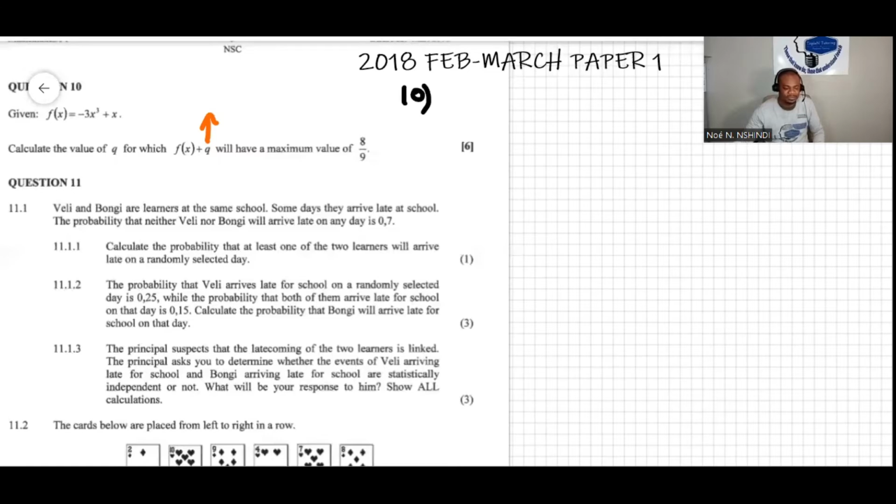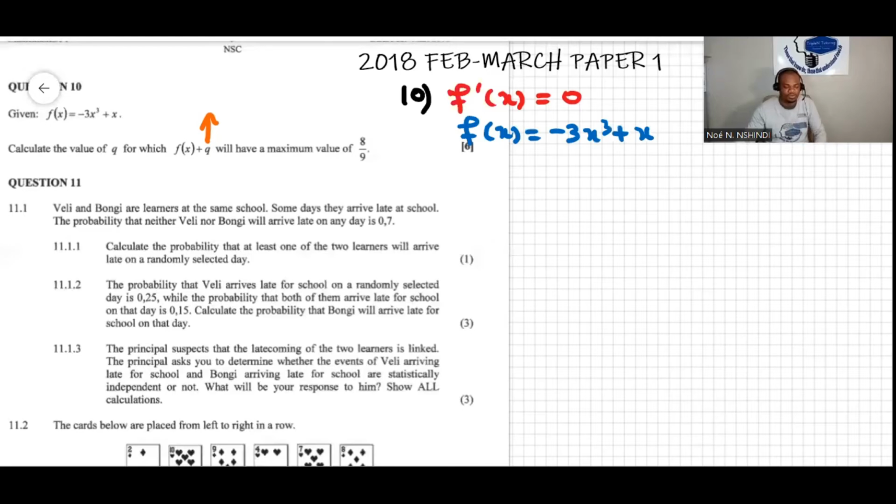Question 10, the maximum occurs when the first derivative is equal to 0. Because f of x equals negative 3x³ plus x, I'm going to differentiate f of x. When we differentiate a polynomial, we can differentiate each term.